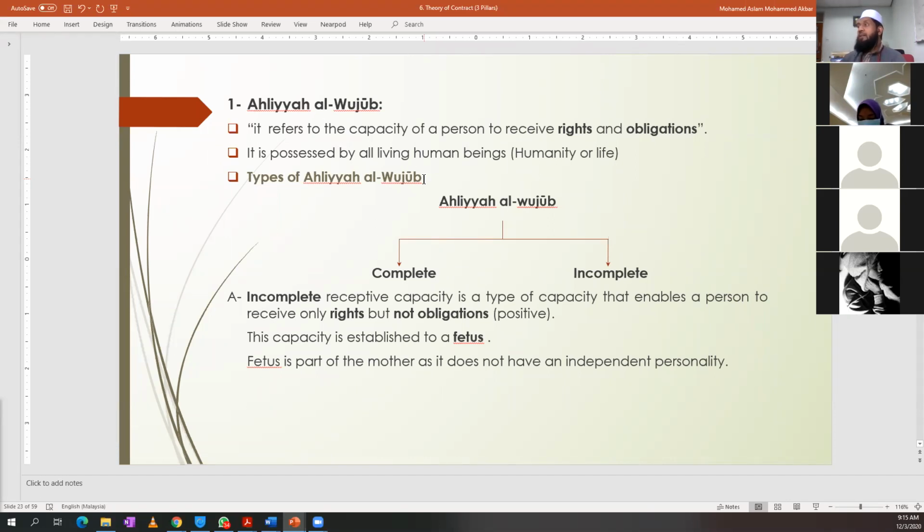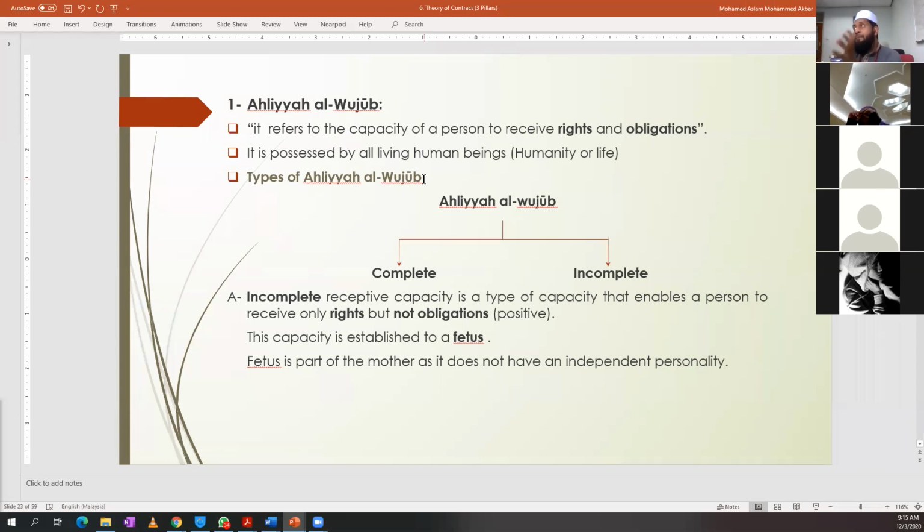What does it mean? A fetus, there are a few things that a fetus can get, but the condition is that the fetus should come out as a baby. As long as it is a fetus, it will get them, but if it died inside the mother's womb, then it won't get anything whatever it's supposed to get.